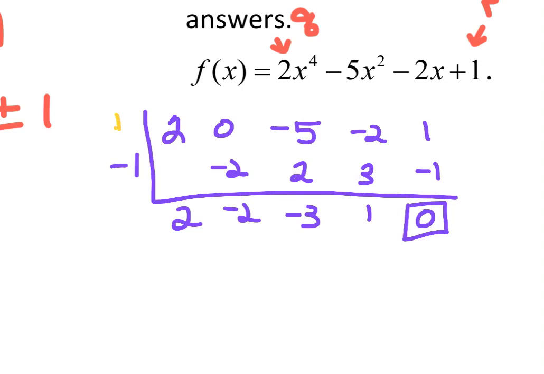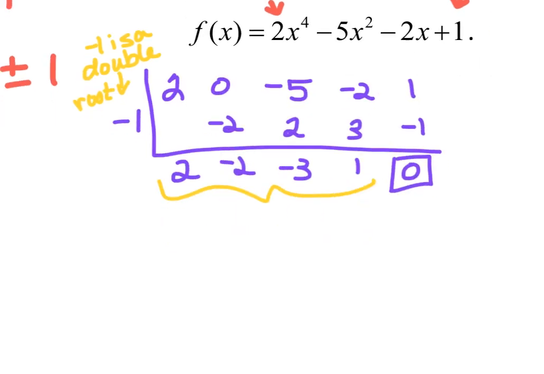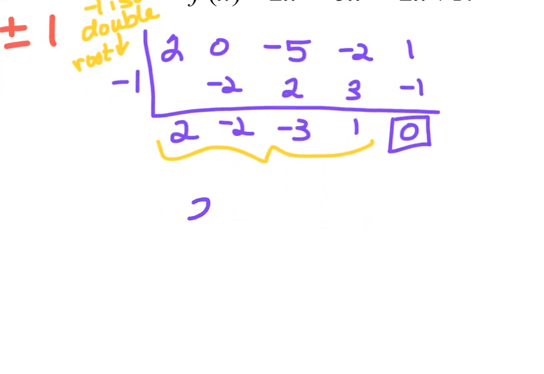And now, because -1 is a double root, and you get that from looking at the graph, you're going to divide by -1 again. So I'm going to take this quotient, and I'm going to divide by -1 again.